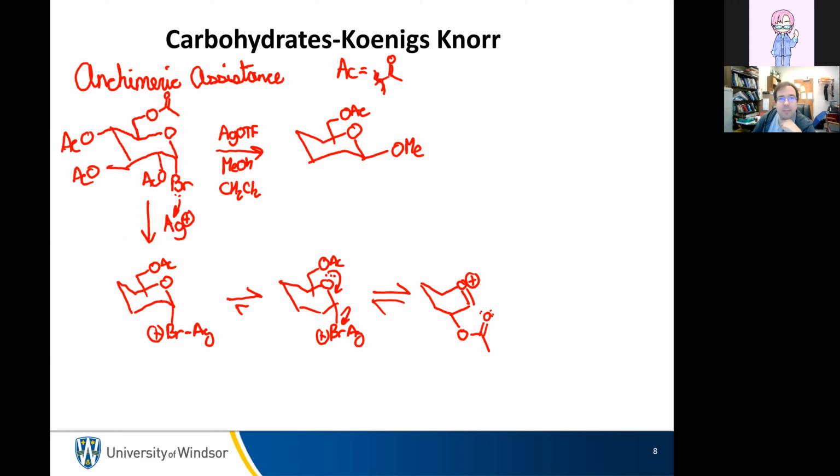Because oxocarbeniums aren't great things. And so the oxocarbenium now is sitting in that half chair waiting around for a nucleophile to come in to react with it to give you the alpha product. But the nucleophile needs to find this. Like, imagine you're in a room, take a look around the room you're in.